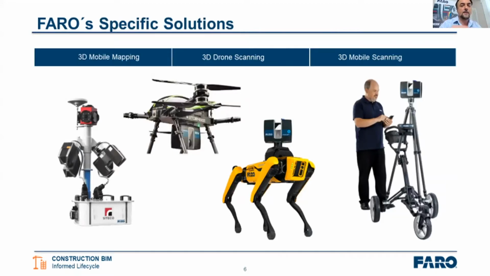The next thing we'll see is that FARO also provides some specific solutions, for example, for mobile mapping, 3D drone scanning, and mobile scanning. And as we can see on all those pictures, the core of all these specific solutions is always a FARO 3D laser scanner.